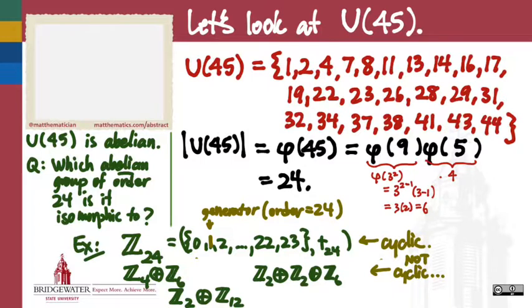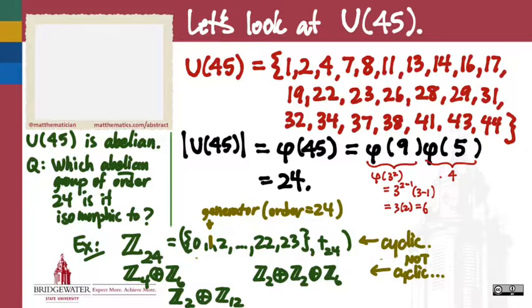It turns out that the answer is yes, and that's chapter 11. That's where we end the course on our high note in a couple of weeks. It's a theorem called the fundamental theorem of abelian groups, which says that this is the only way to characterize, up to isomorphism, what an abelian group of a given order looks like. And of these examples, only this first one is cyclic. These other ones are not.